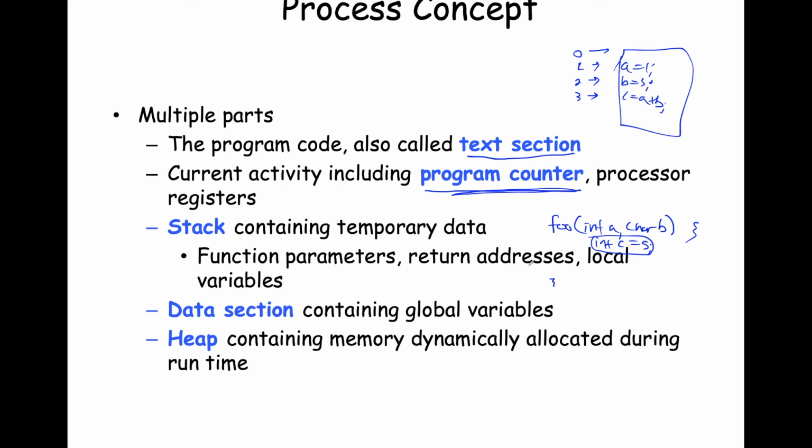And so the stack also handles return addresses. When you're done with your function and you exit, and let's say you said z is equal to the result of calling foo on 5, comma, the character a. Okay, well, when you call the function, you're actually changing the program counter to go to the definition of some function in your code called foo.